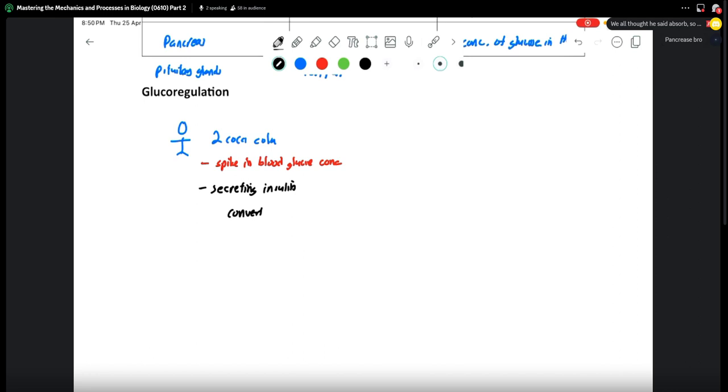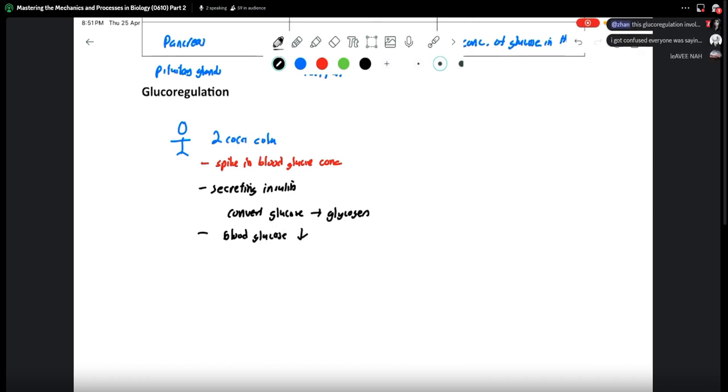When they secrete the insulin, they will convert the glucose to glycogen. Please don't confuse glycogen with glycerol. They are both different things. So convert glucose to glycogen. Glycogen is stored in the body. Therefore, it results in the blood glucose concentration dropping.